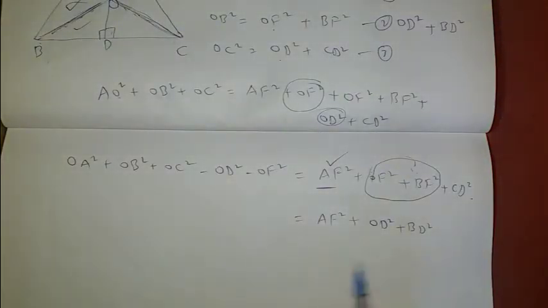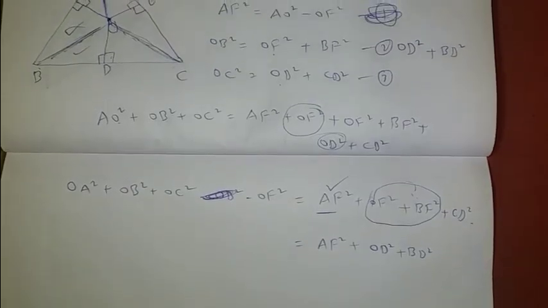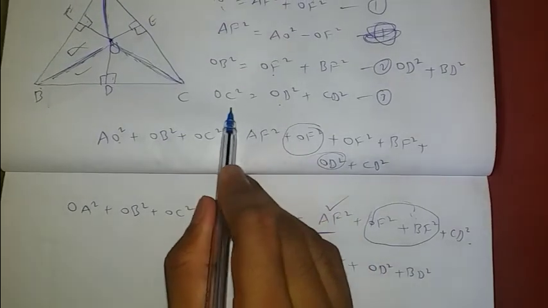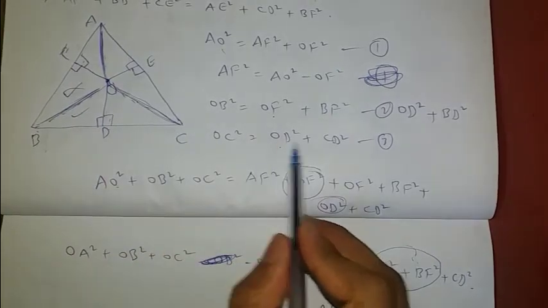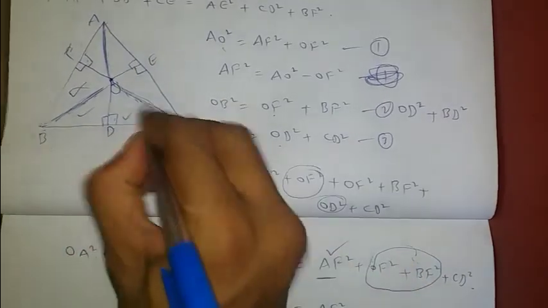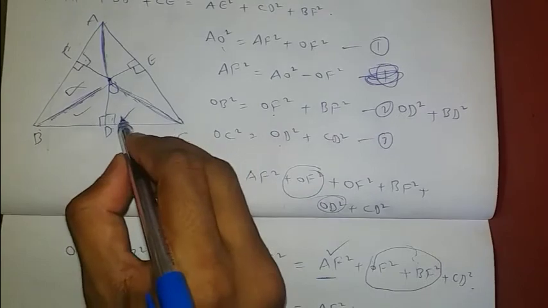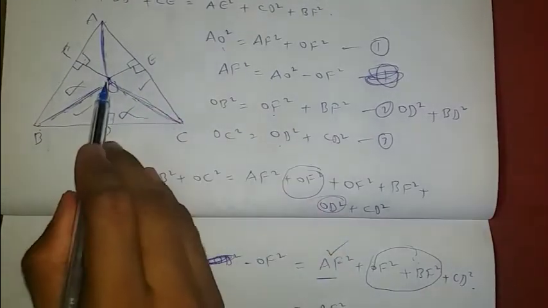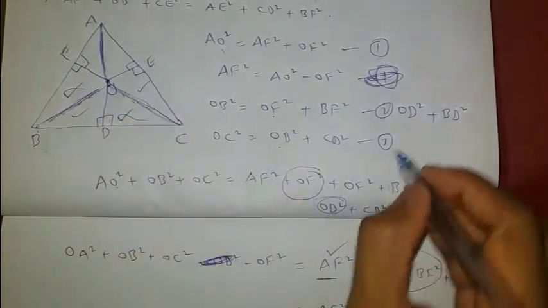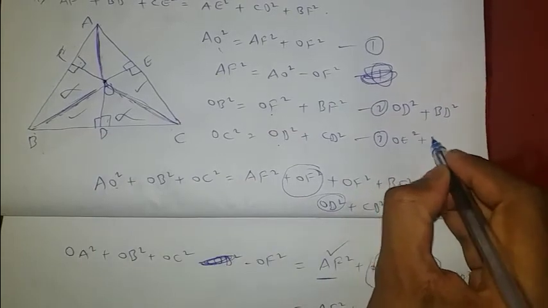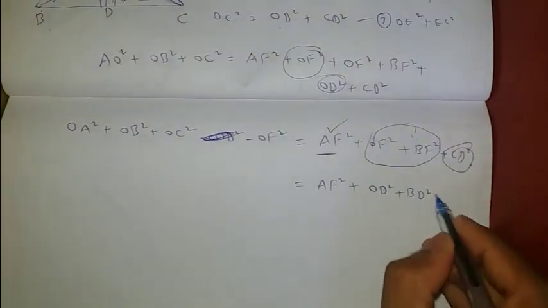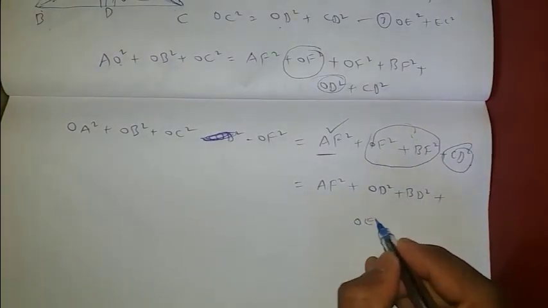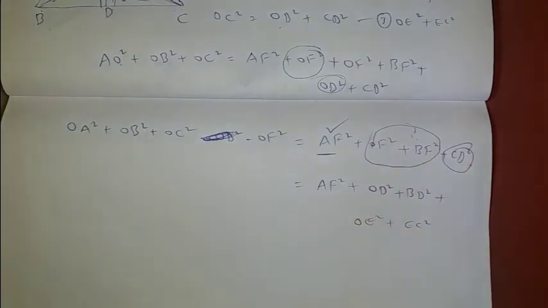Now we got OD square, so I am moving this OD square to the left side. Next, OC square is there here. For this OC square, we wrote OD square plus CD square. This triangle we took. Now instead of this triangle, let us take this one. That is OC square is equal to OE square plus EC square. So now this CD square won't come, and we will get plus OE square plus EC square.